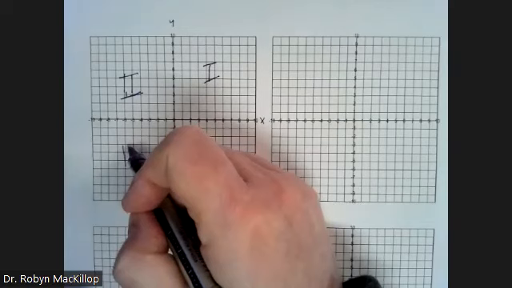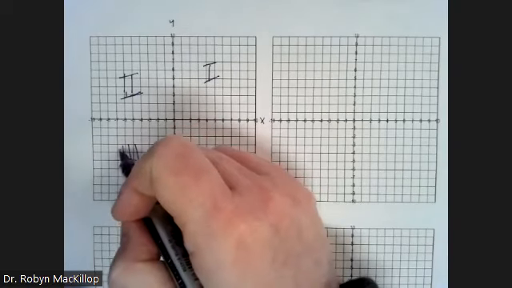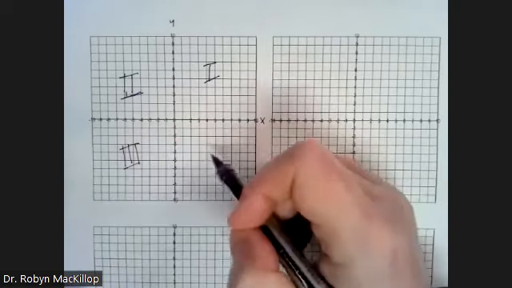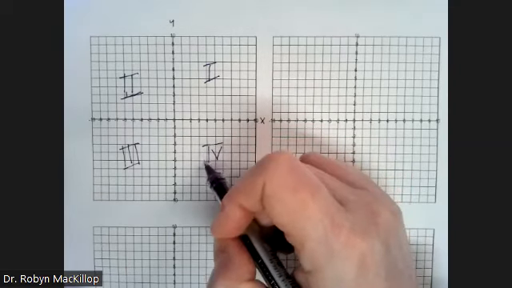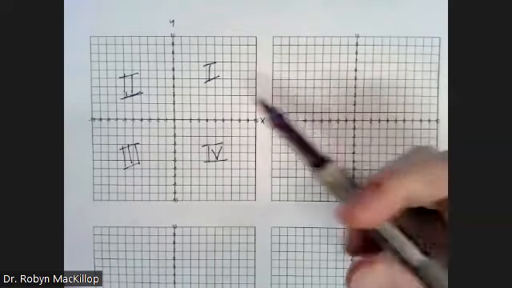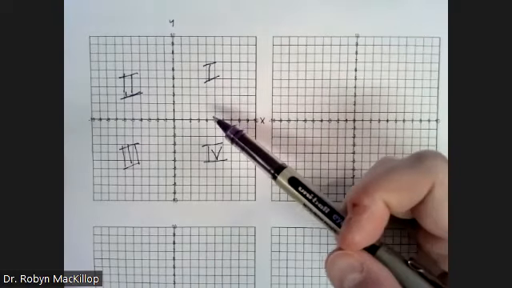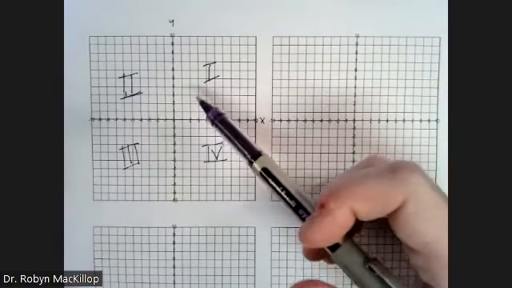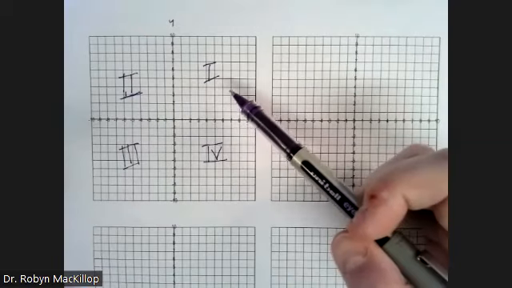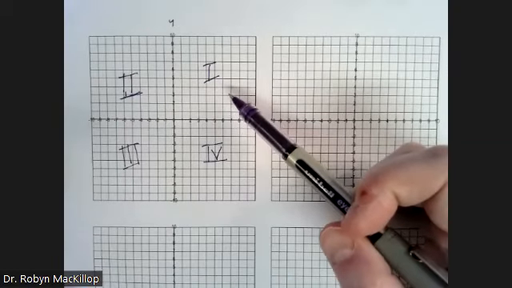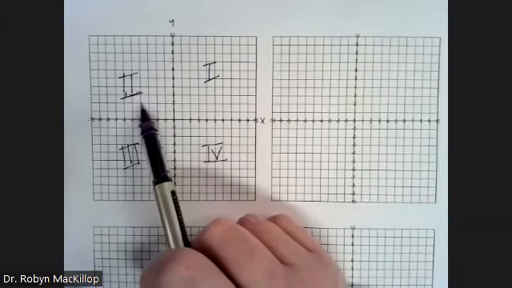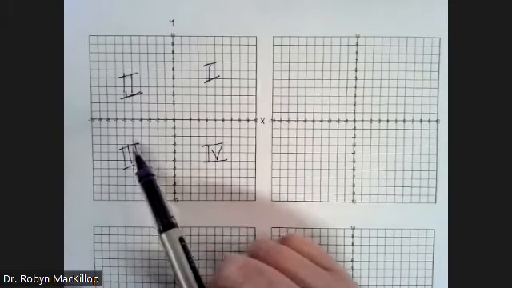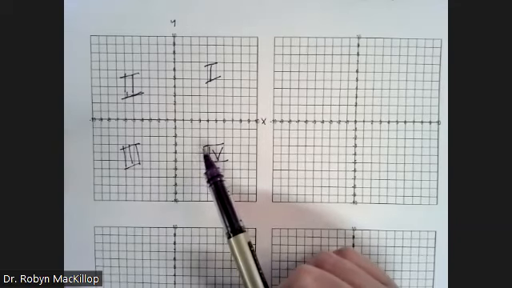This one is 3. And this one is 4. So the thing to remember is, look at these numbers, positive on X, positive on Y. That's where you start. That's quadrant 1, quadrant 2, quadrant 3, quadrant 4.